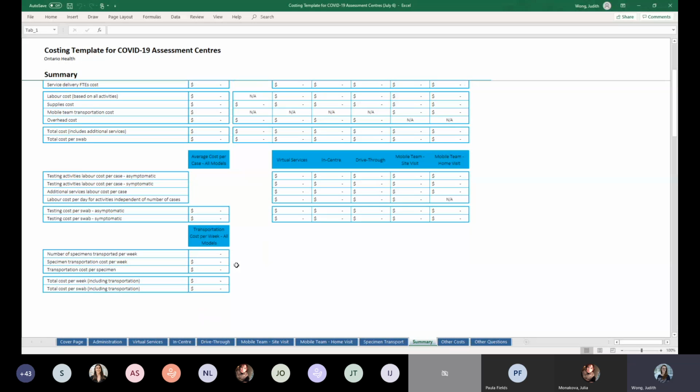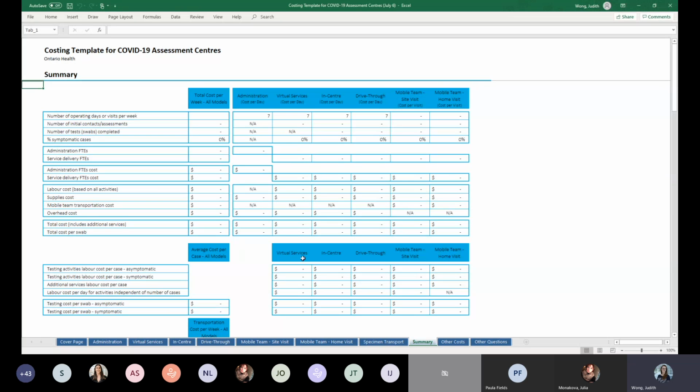We also have a summary of your transportation cost on here as well, and your total cost per week with transportation included. So this tab is really just intended to be a tool for you to sort of cross-check your work, see that the numbers look the way you expect them to based on the information you've entered.